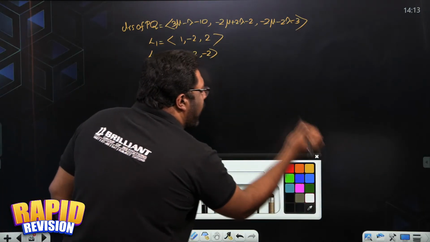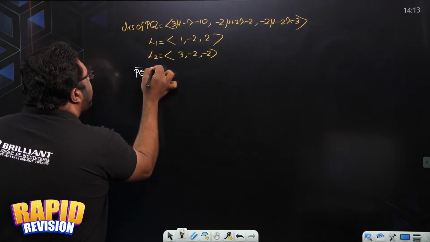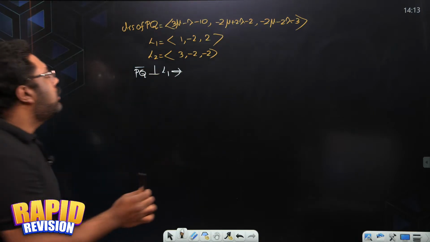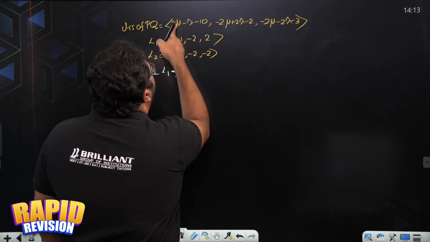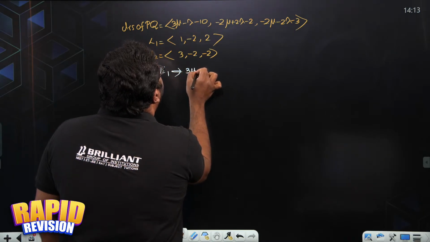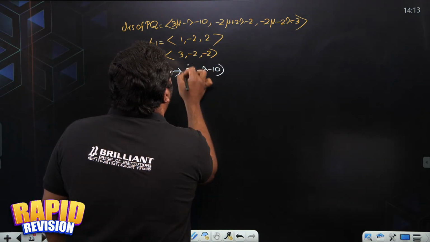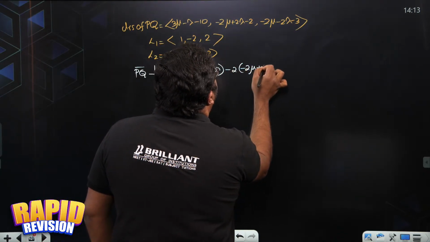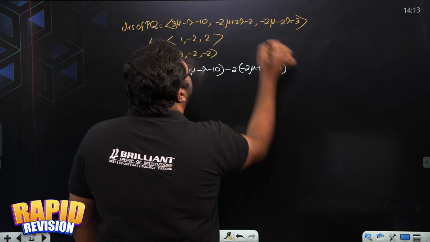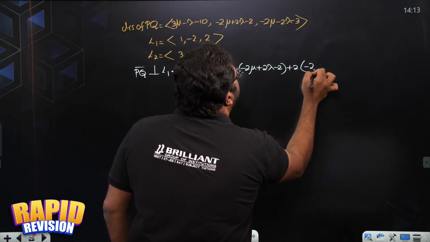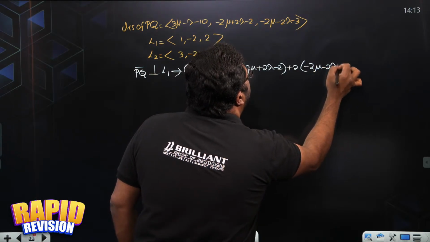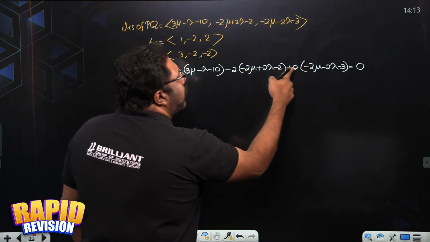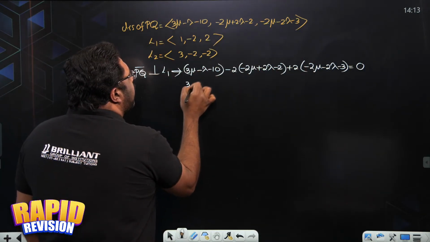Start with the first pair of perpendicular vectors, PQ perpendicular to L1, which means the dot product is 0. 1 multiplied by the first one, 3 mu minus lambda minus 10, minus 2 multiplied by the second one, minus 2 mu plus 2 lambda minus 2, 2 multiplied by the third one, minus 2 mu minus 2 lambda minus 3, equal to 0. 3 mu plus 4 mu, 7 mu minus 4 mu, 3 mu.